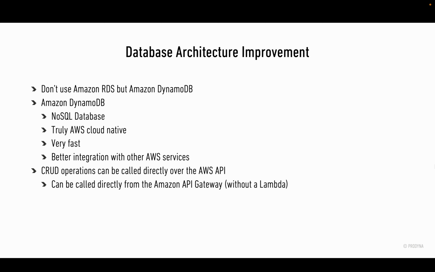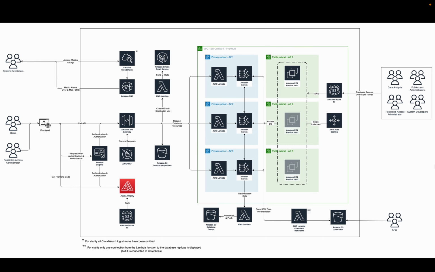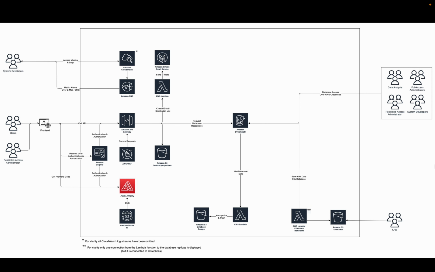What I mean is that the CRUD operations can be called directly over the AWS API, and because of this, you can call DynamoDB directly over the Amazon API Gateway, and you don't even need a Lambda function for this.